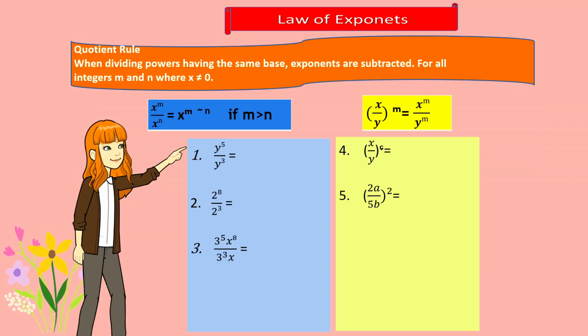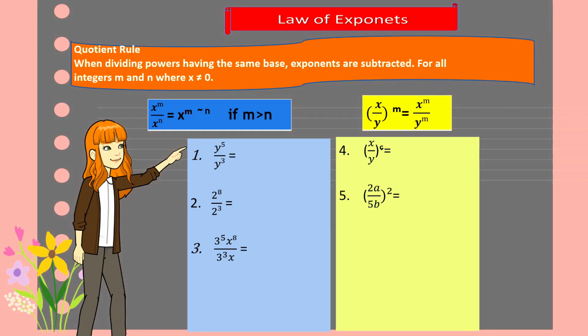Quotient rule. When dividing powers having the same base, exponents are subtracted for all integers m and n where x is not equal to 0. So, we will have the formula x raised to the m power divided by x to the n power is equal to, copy the base and then subtract the exponent as m minus n if m is greater than n.